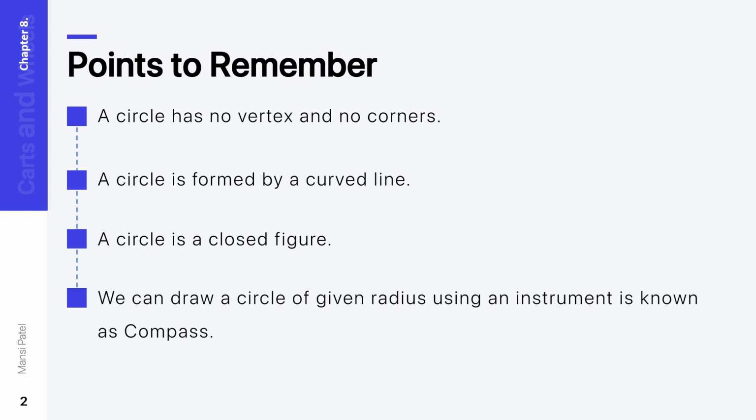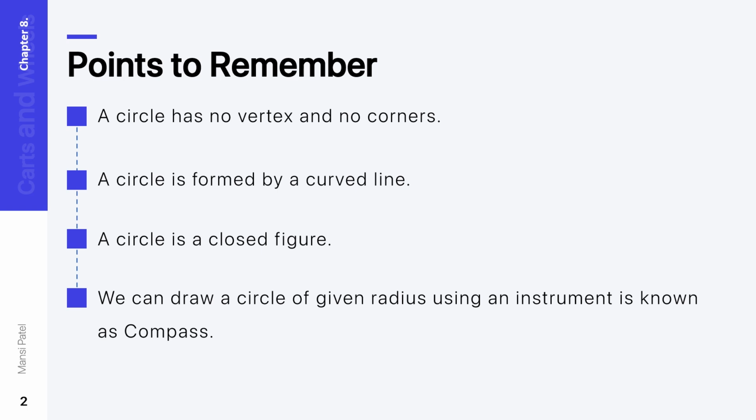And if we want to draw a circle, if we want to trace a circle, then we use different types of objects whose shape is round. But in this chapter, you have to draw a circle of a given radius using one instrument, and that instrument is known as a compass.